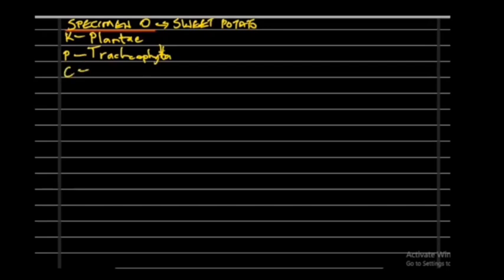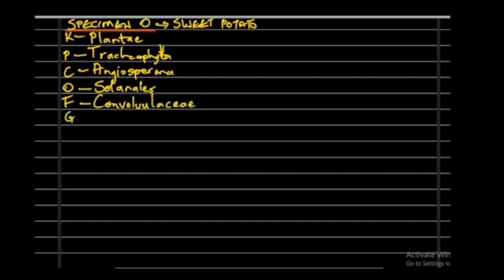The class, it belongs to the Angiosperma. The order, it is Solanales. The family, it belongs to the Convolvulaceae. Then the genus is Ipomoea, and the species, batatas.